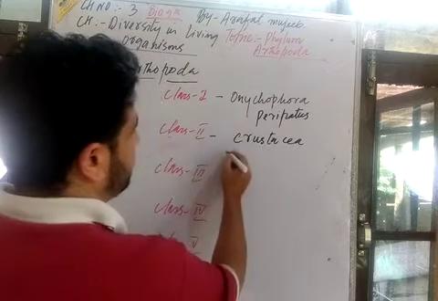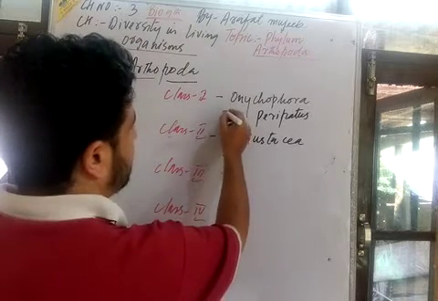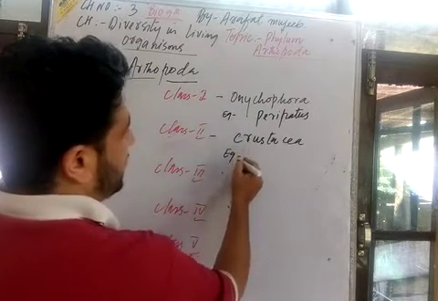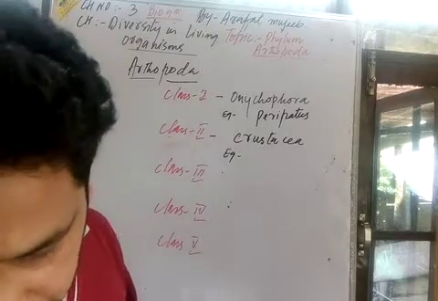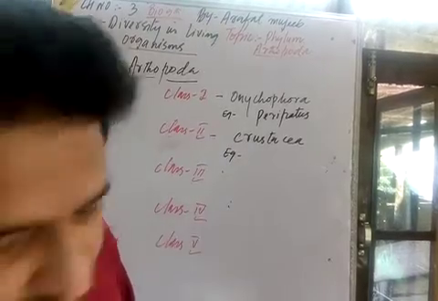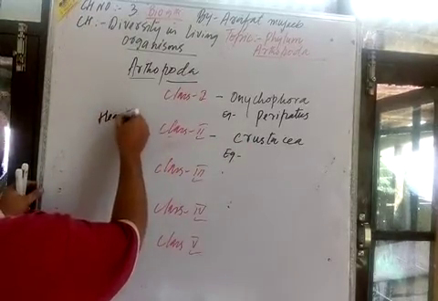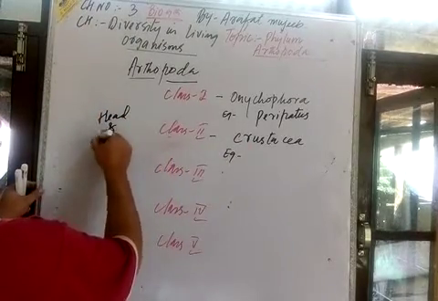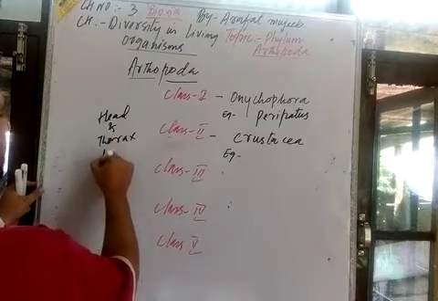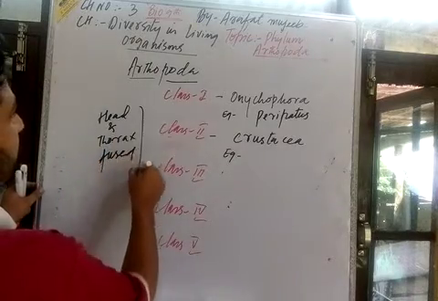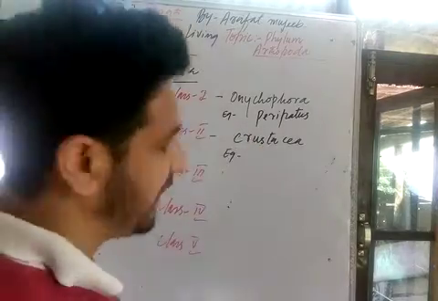Crustacea third class है. इसमें जो example आता है, इनमें क्या होता है, जो हेड और थोरैक्स होता है, वो फ्यूज्ड होता है, that means cephalothorax इन्हीं में पाया जाता है.